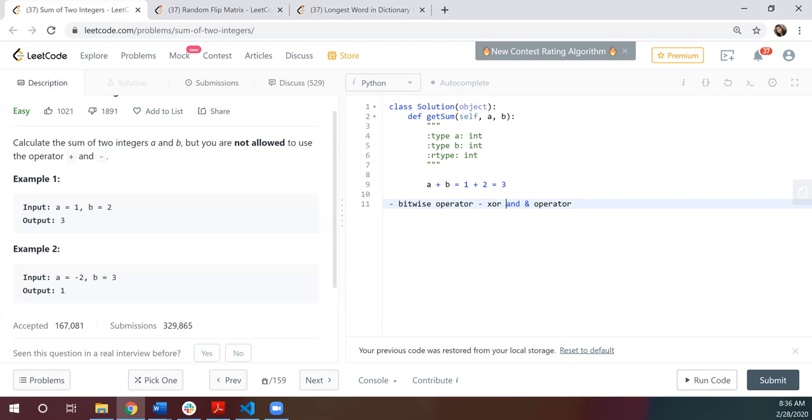Because the question itself says we're not allowed to use addition or subtraction, so the first thing that comes is that you can represent any integer in binary format, and then shift and work on those bits. Underneath any number, what lies is the computer representation. So that's the thought that comes to people's mind.